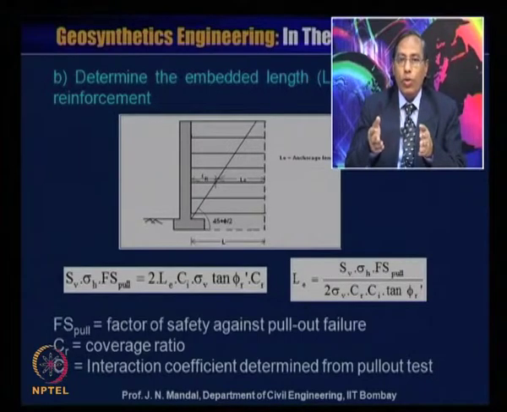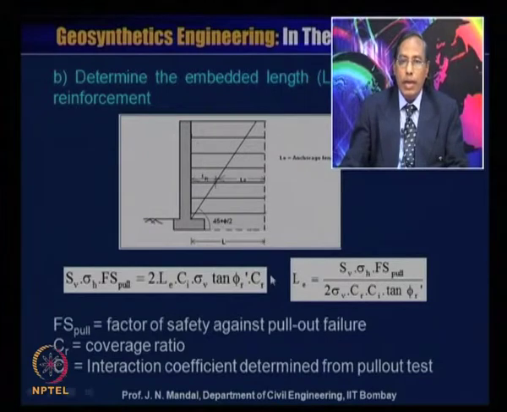So, if you know this anchorage length, that means from this equation LE is equal to SB into sigma H into Fs pull out divided by 2 sigma V Cr Ci into tan phi dash. So, from the pull out test you can calculate Ci, and Cr is the coverage ratio that depends upon whether you are using 100% planar or 0.6 or 0.5 etc. So, if you know, then you can calculate the anchorage length, which is important to us.